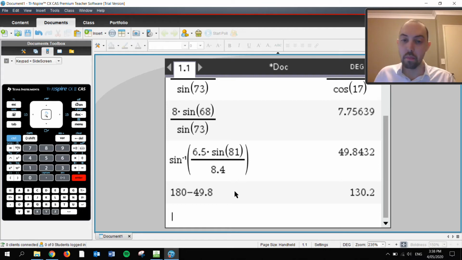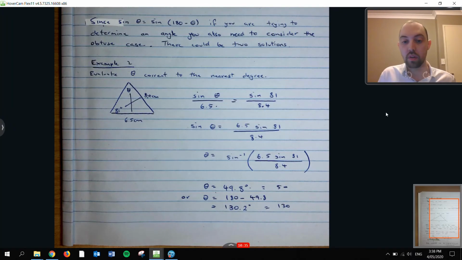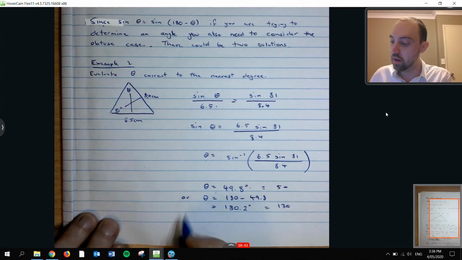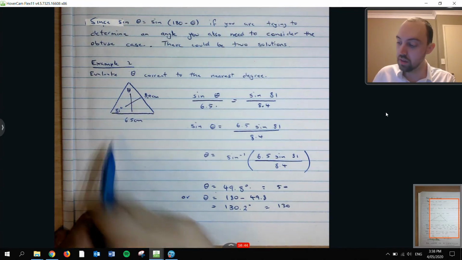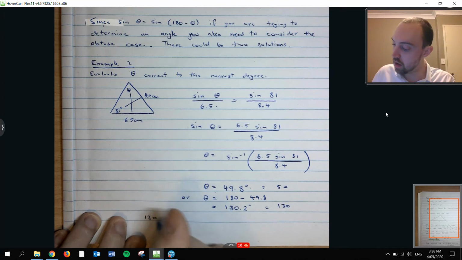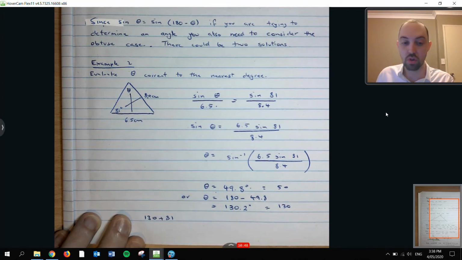But what we want to check is, does the obtuse case actually work? We already knew that one of the angles is 81, and we get a problem if we were to try that.